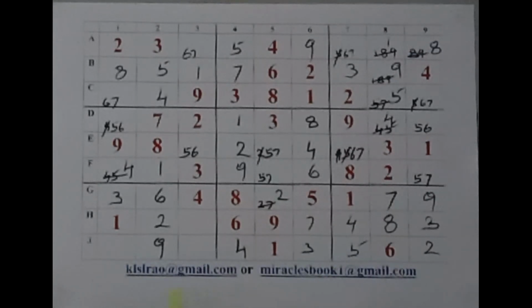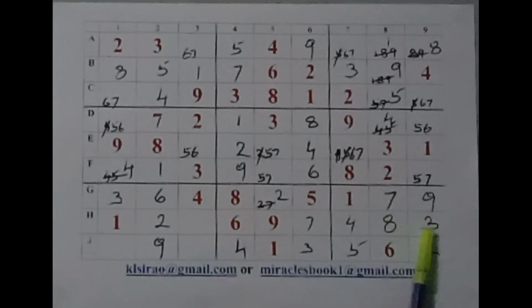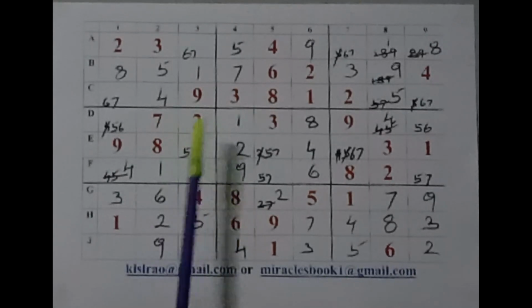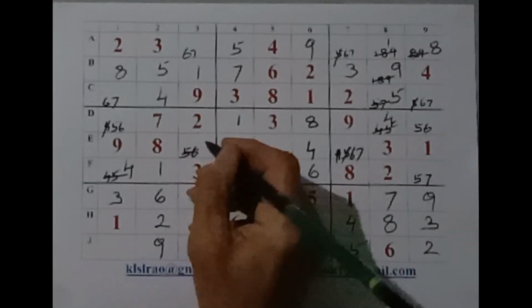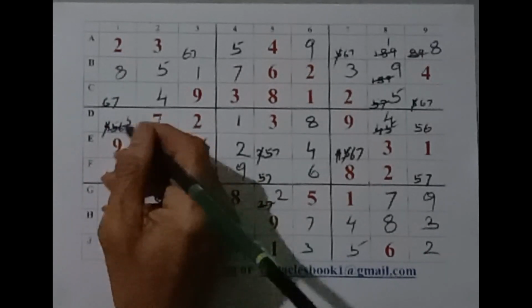Come here. Row H is having just one vacancy, that is about number 1, 2, 3, 4. 5 is required here. Let us write that 5. That means we can write a 6 here. That's a 6 and a 5 here.